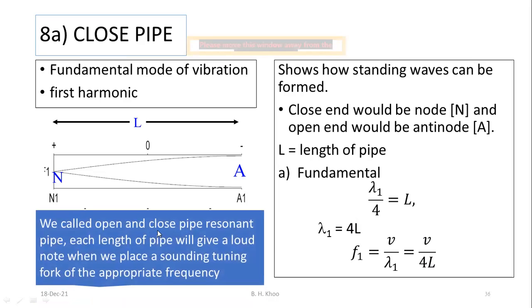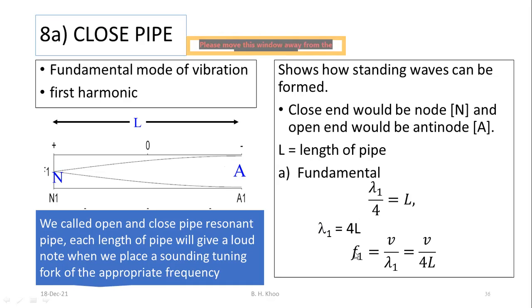We call open and closed pipes resonant pipes. Each length of pipe will give a loud note when we place a sounding tuning fork of the appropriate frequency. That means for this particular length, using this frequency, we will get a loud sound.